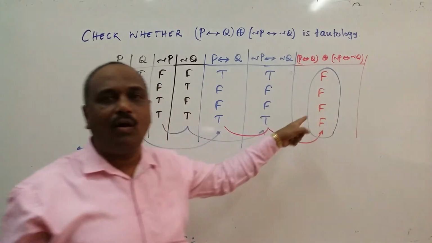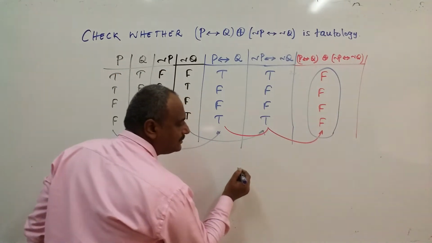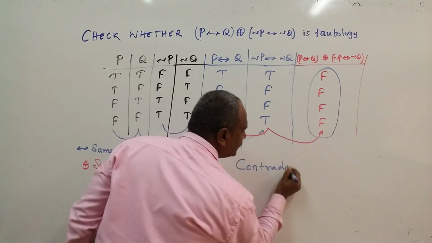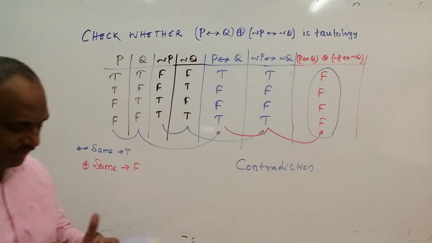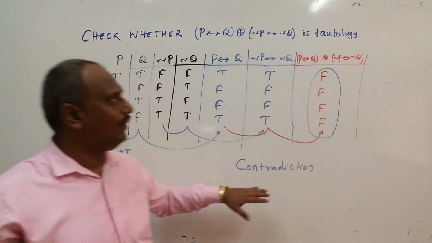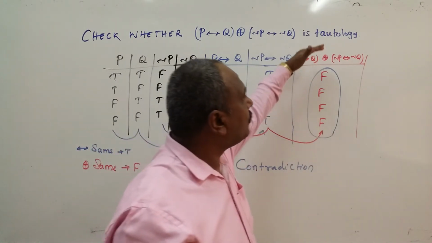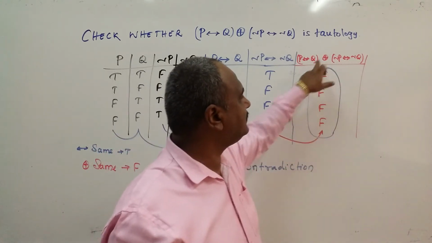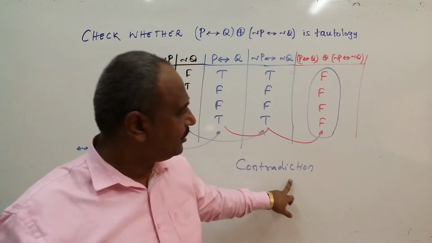But here all the statements are false, so this is not a tautology, this is a contradiction. So based on the final output, we are going to define whether the statement is a tautology or a contradiction. Here I am getting all the answers as false, so the statement is a contradiction.